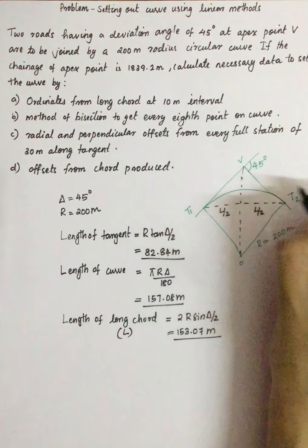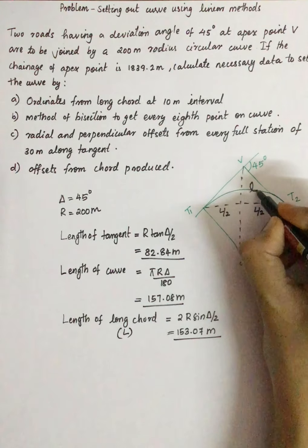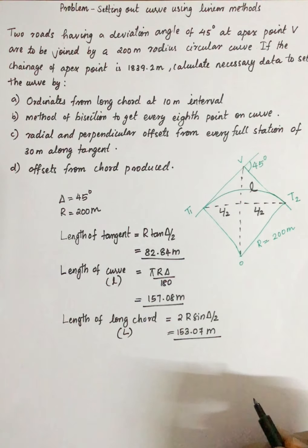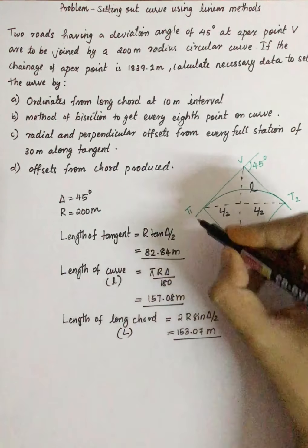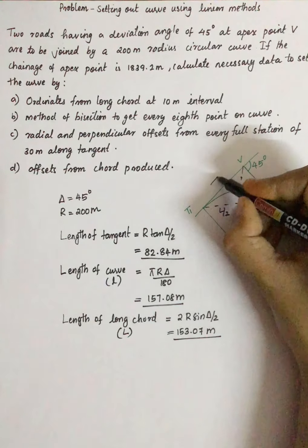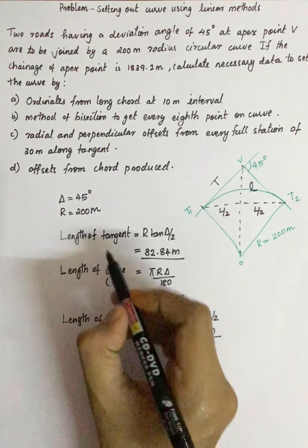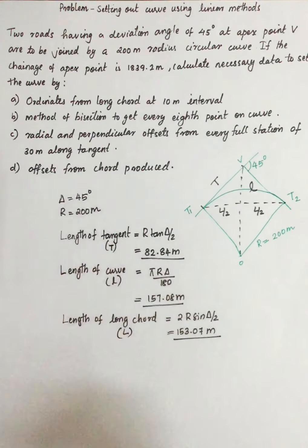Now the length of the curve is small l, that you got as 157.08. And now length of the tangent, this is the tangent length T, that you got as 82.84 meters. So the fundamental elements of a circular curve have been found.